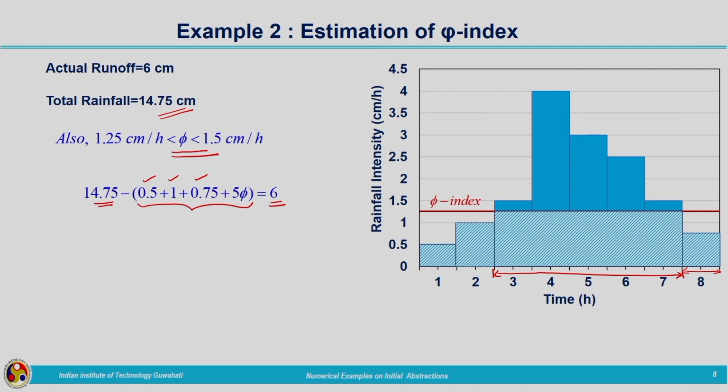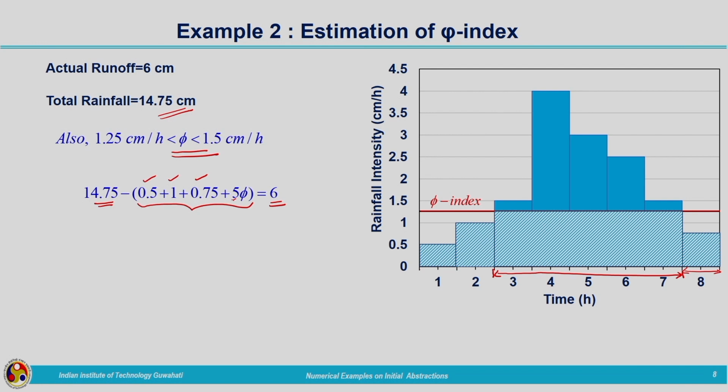For that, we can compute the quantity by multiplying the phi index with the corresponding time interval. So, how many hours are there between 2 to 7? It is 5 hours, and the constant rate of abstraction is phi centimeters per hour.